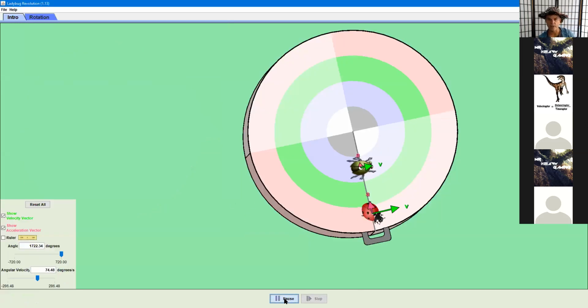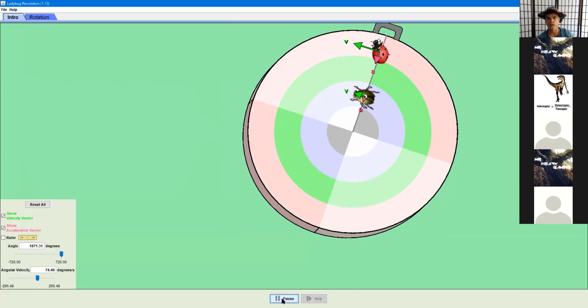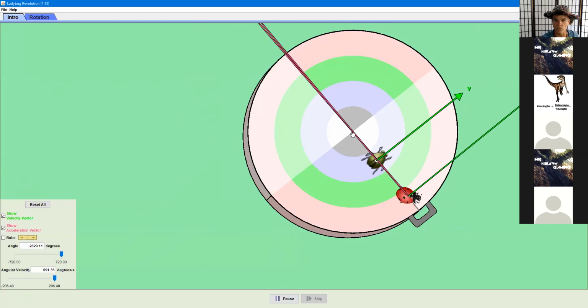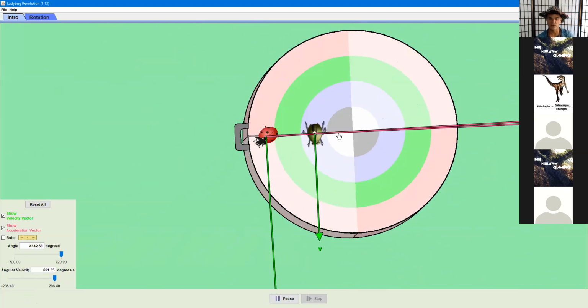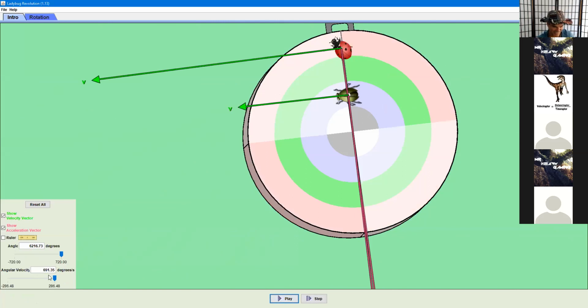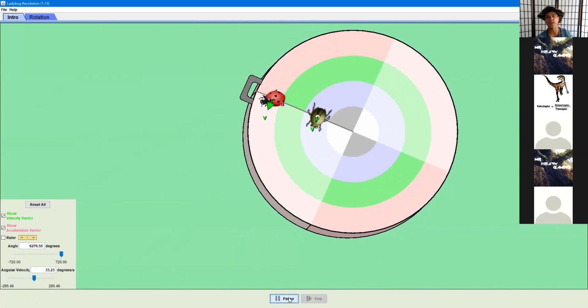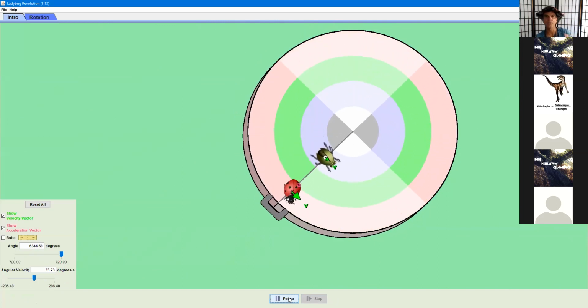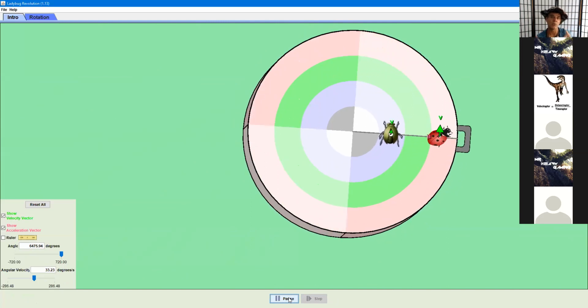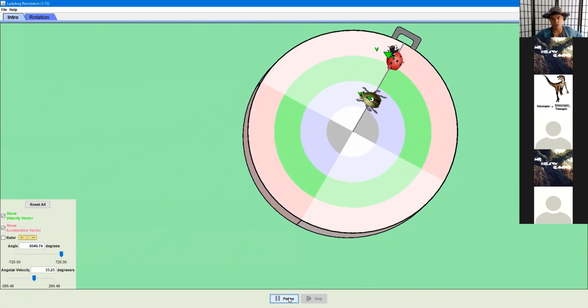So as this thing is rotating, not including these little ladybugs, the center of mass would probably be, whoa, well, that's cool. I don't know what I just did. As this is rotating, even though the center of mass of this is not moving through space, it has what's called rotational kinetic energy.